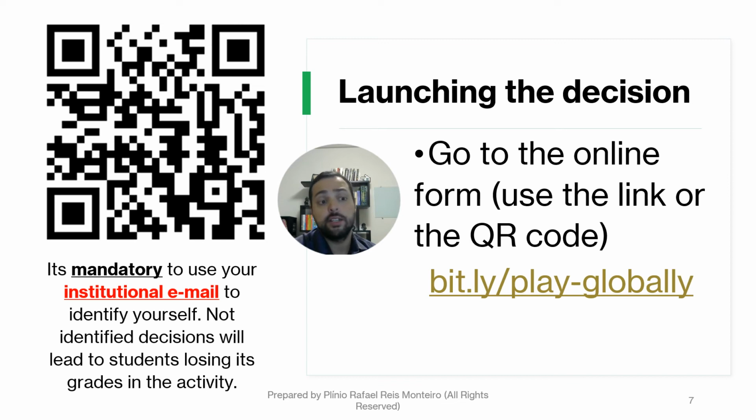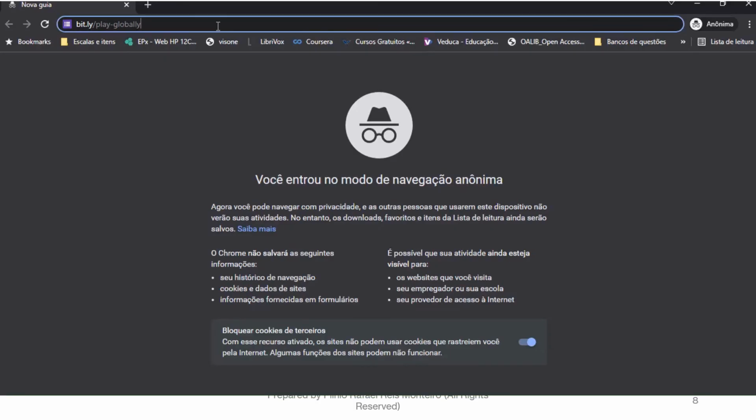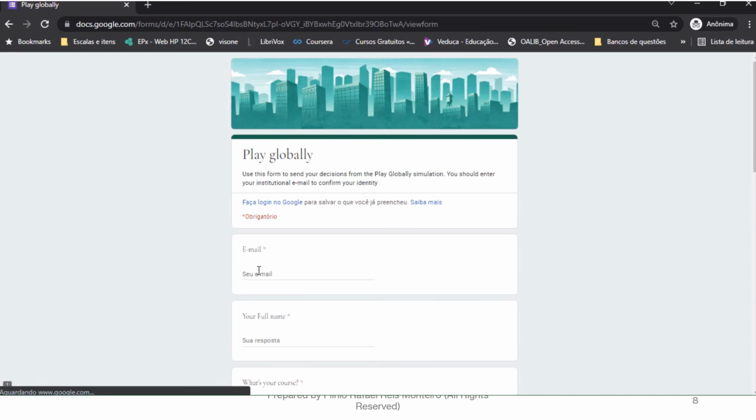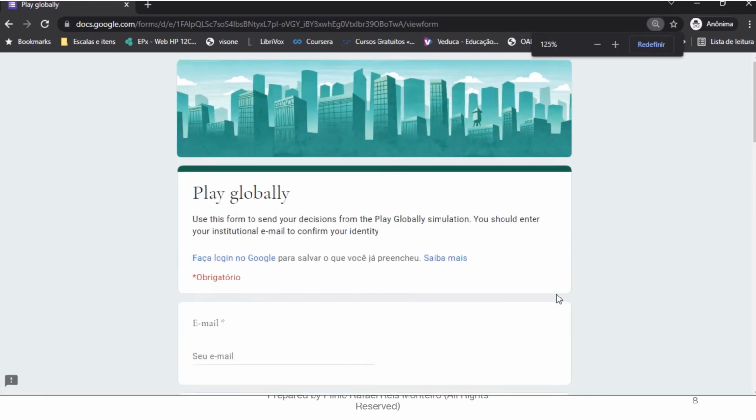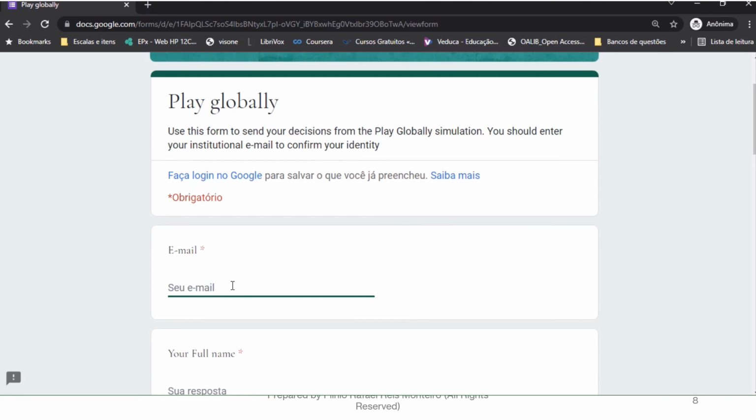Basically, you just need to click on this online link, or you can use this QR code, and enter the information and send it. Let's show how you can do that. So once you have the link, you just need to click here on the online link, and then you go to this online form. First of all, you need to enter here your institutional email.